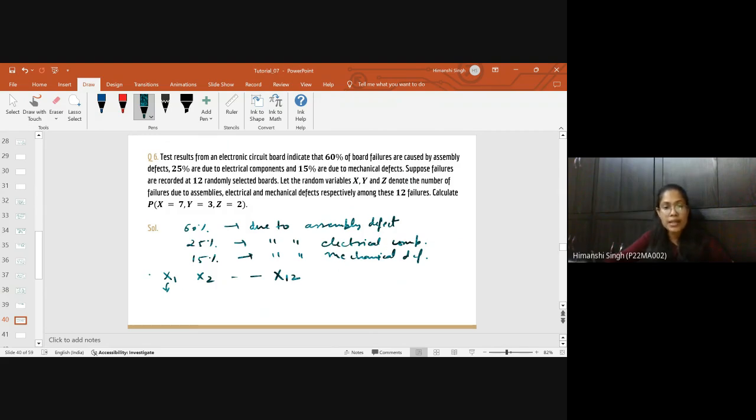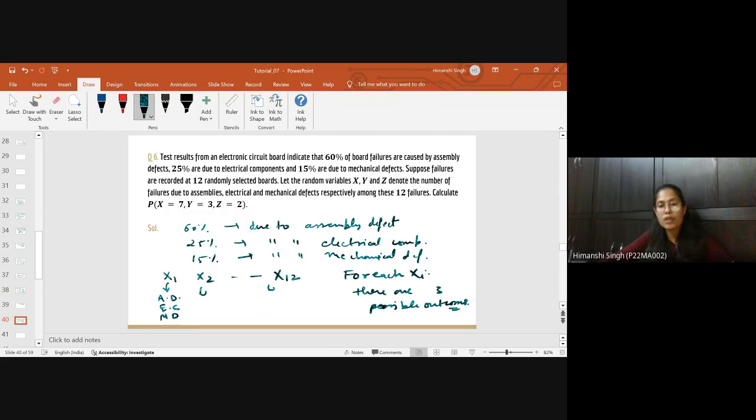So for each xi, there are three possible outcomes: due to assembly defect, due to electrical component, and due to mechanical defect.